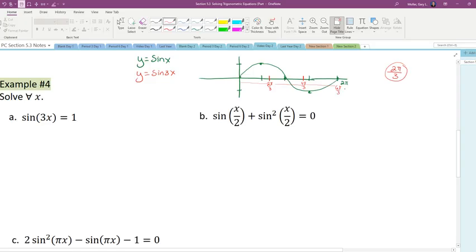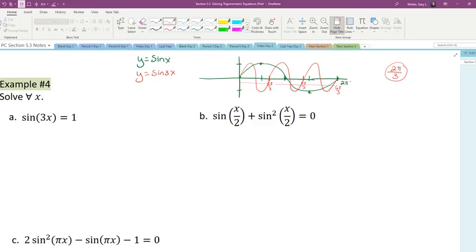So that means I'm going to go up and down and up right there. I'm going to repeat it. I'm going to go up and down and up. 1, 2. All right. So something like that. Obviously not the best graph in the world, but that's what we've got.